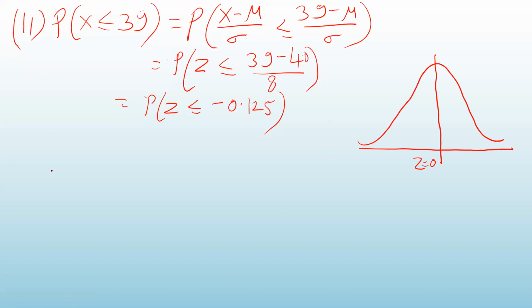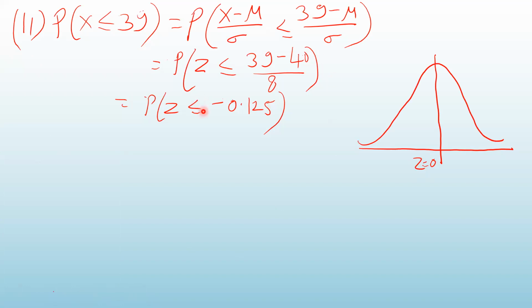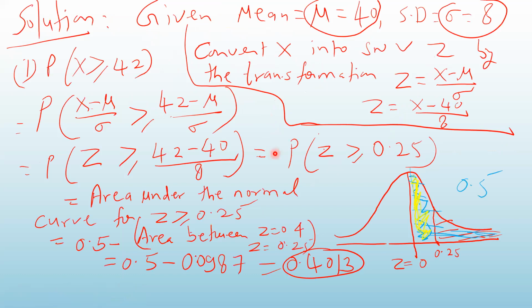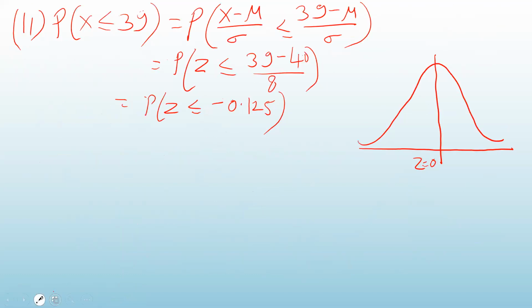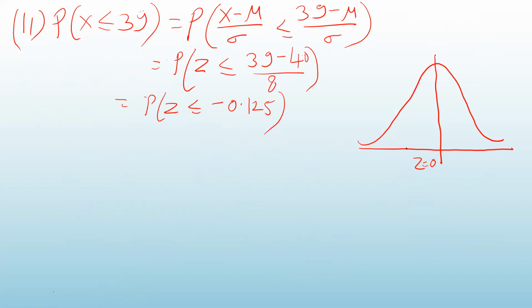It is minus 0.125, correct? So minus will be to the left side. In the previous problem, you got plus 0.25, so it was to the right side. Now here we are getting minus 0.125, so it will be somewhere to the left side. Somewhere here, this is minus 0.125.